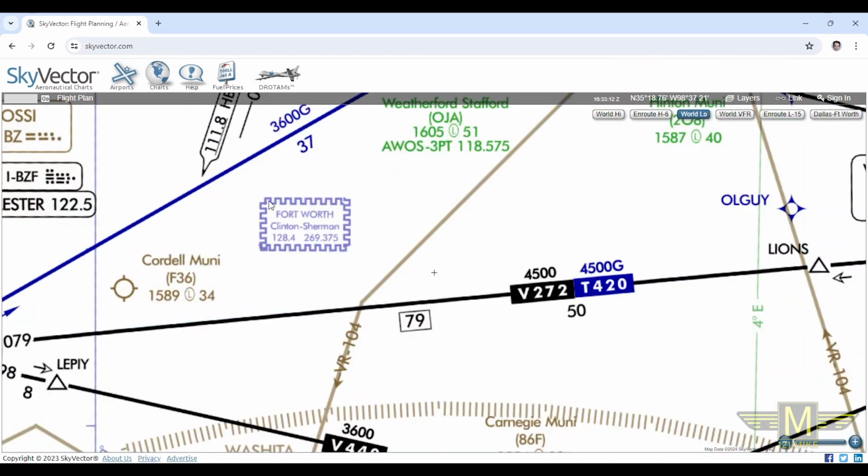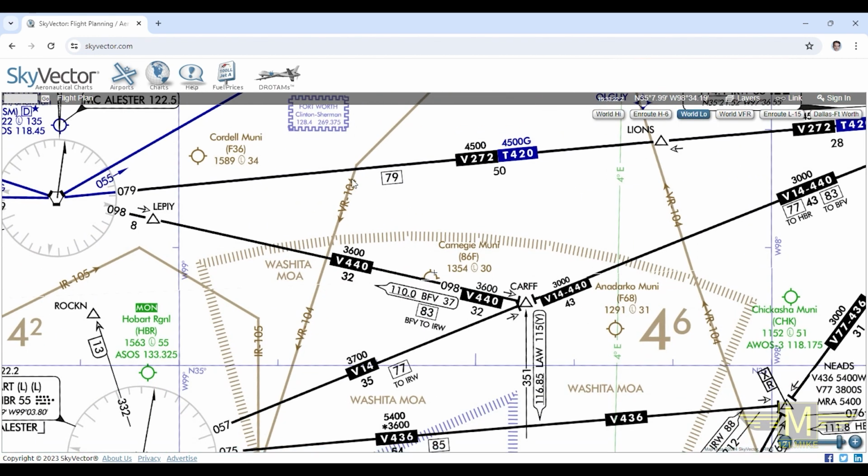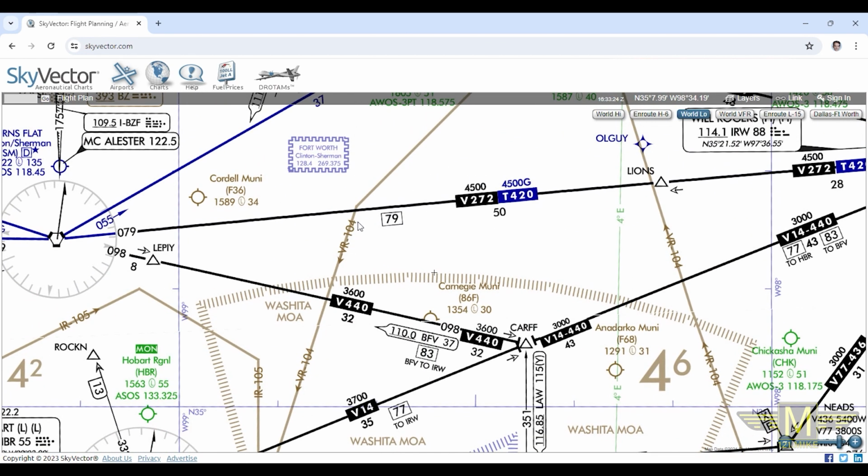And we already went over what these boxes here are, right? This is Fort Worth Center in the Clinton-Sherman area on 128.4. Ignore the higher numbers. Those are for military planes. We've got a military training route here, right? VR 104. Cordell Municipal does not have an instrument approach, but it's 1589 above sea level. We are going to have pilot-controlled lighting, and the longest runway is 3,400 feet.